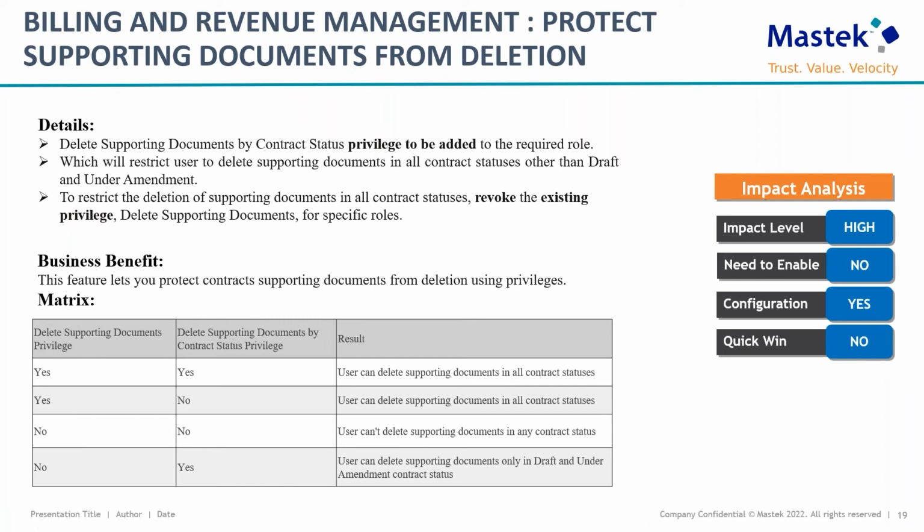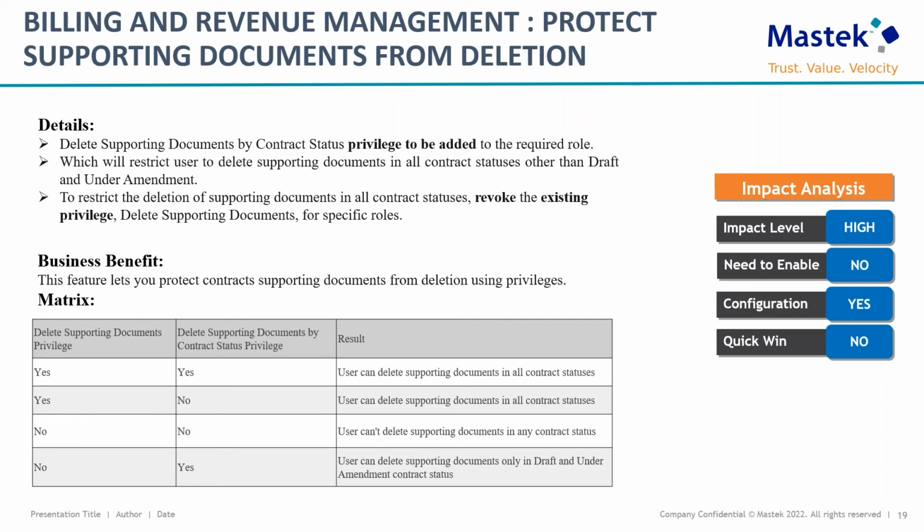But after introduction of this new feature, business can restrict the document deletion by adding a new privilege, delete supporting documents by contract status privilege, to the role, which checks the contract status and accordingly allows user to delete the supporting documents, so that only draft and under amendment contract status allow user to delete supporting documents.